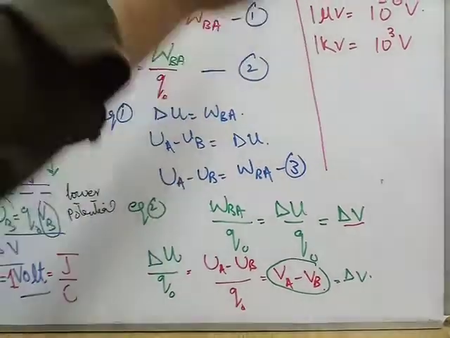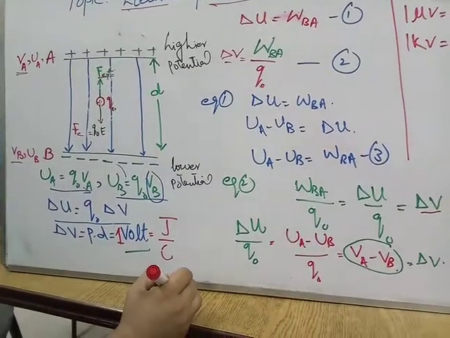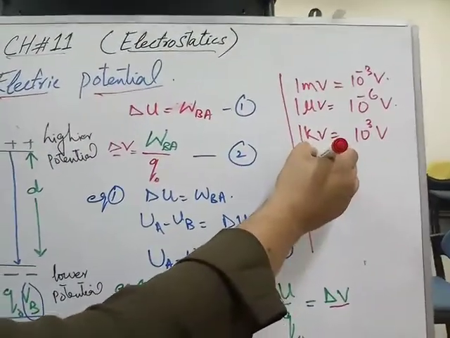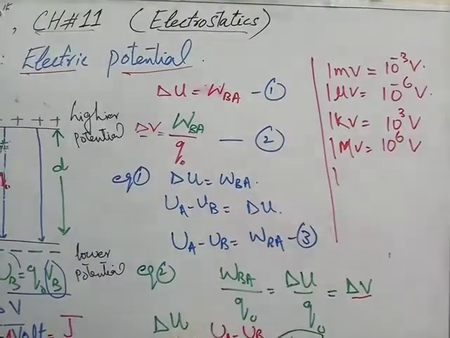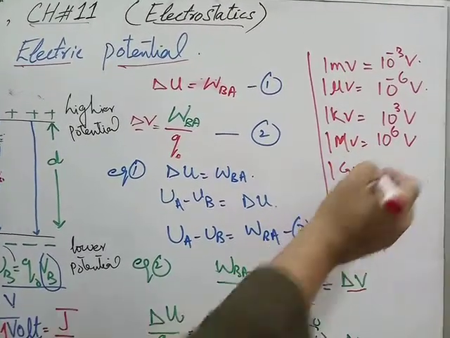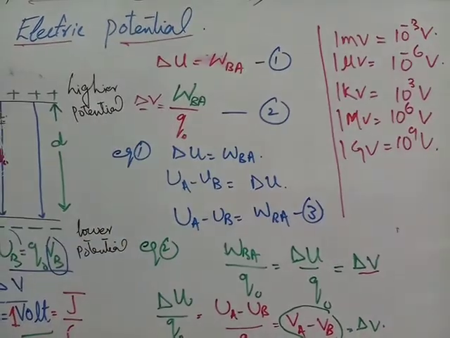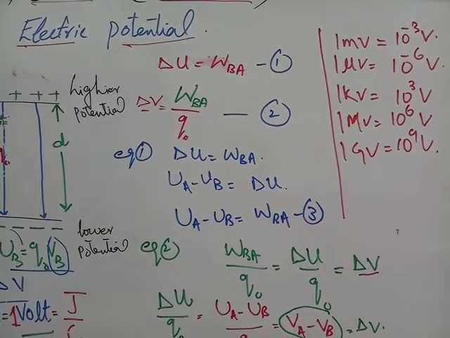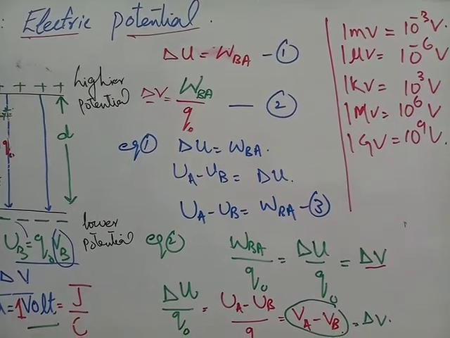Two other units are 1 megavolt, that is equal to 10 raised to the power 6, and 1 gigavolt, that is equal to 10 raised to the power 9 volt. So these are the other multiple units of potential difference, and in numerical problems we can use these values.